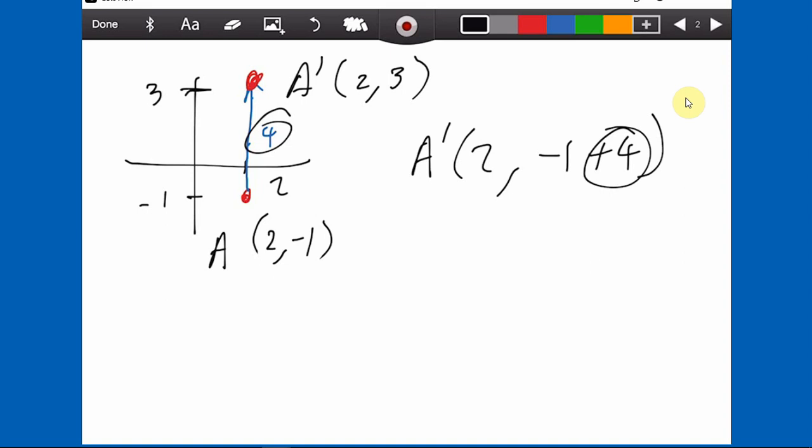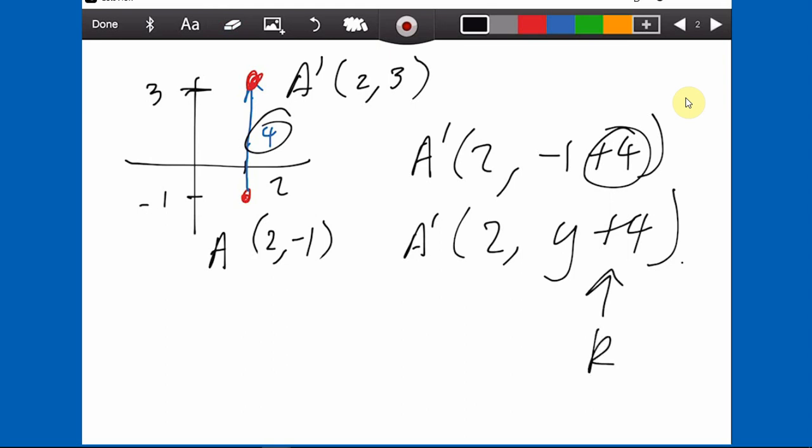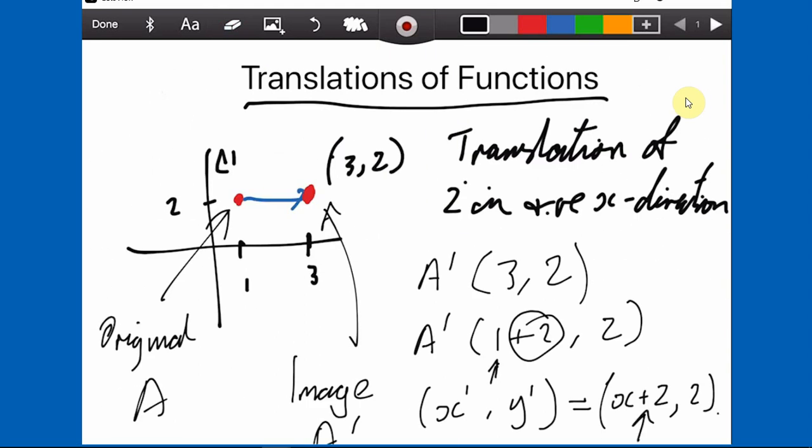So we could say that our image is our original y plus 4. It's a y, not an x. It must be getting too late in the day. We've talked about these in terms of k for that and h for this.